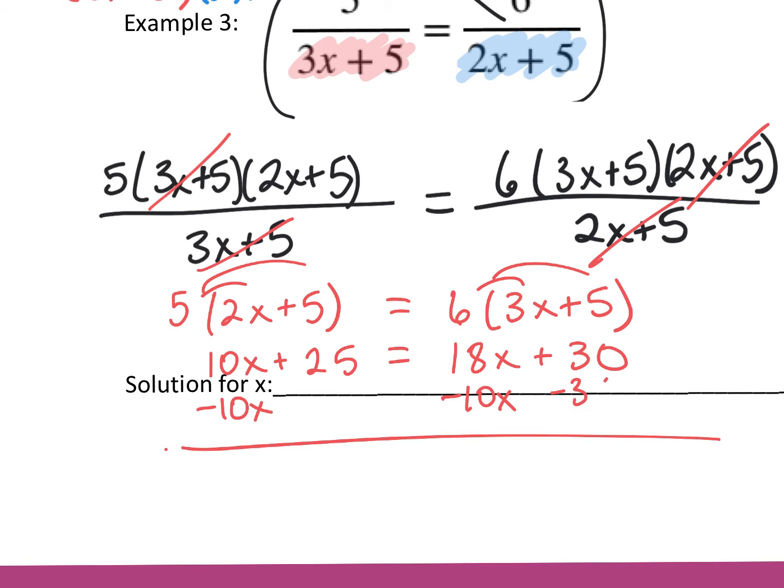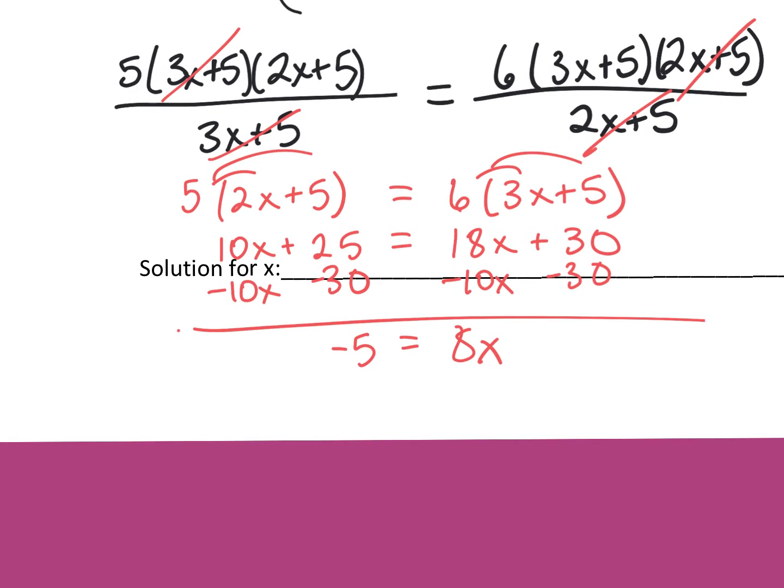I'm also going to move the 30 over to the other side, so I get negative 5 equals 8x. That cannot be anything. It's going to be a fraction. We can have a fraction or a decimal. Yep, negative 5/8. That's it.